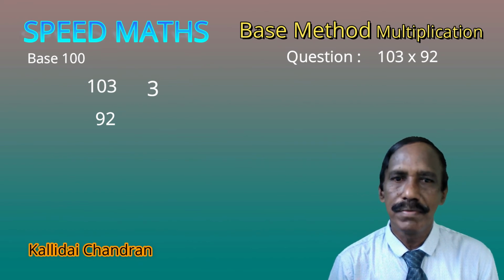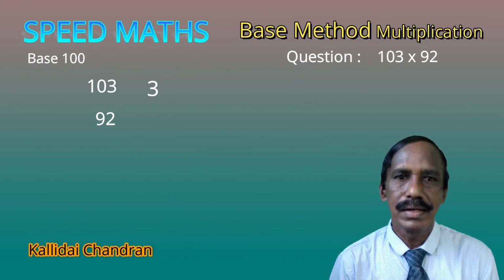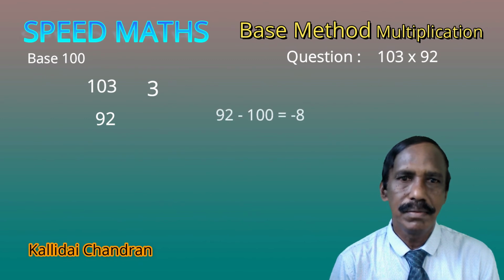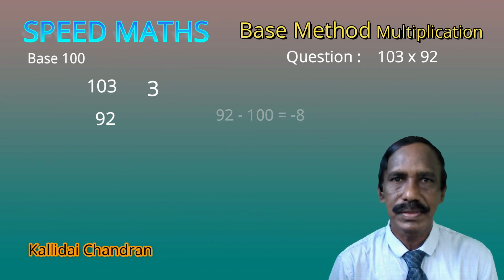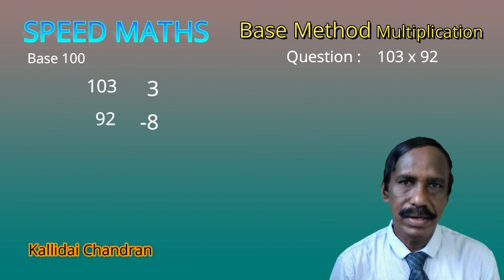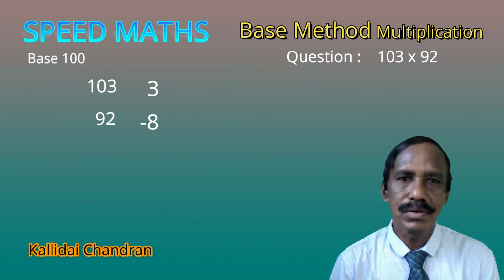Now we have to multiply 3 and minus 8 and the answer will be minus 24. Since one figure is minus and one figure is plus, the answer will be in minus, so minus 24 will be the answer. You write down that minus 24 here.